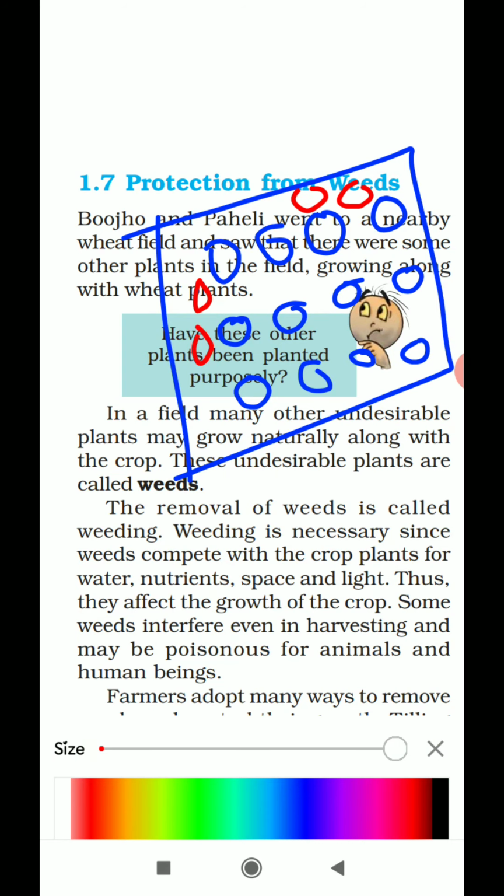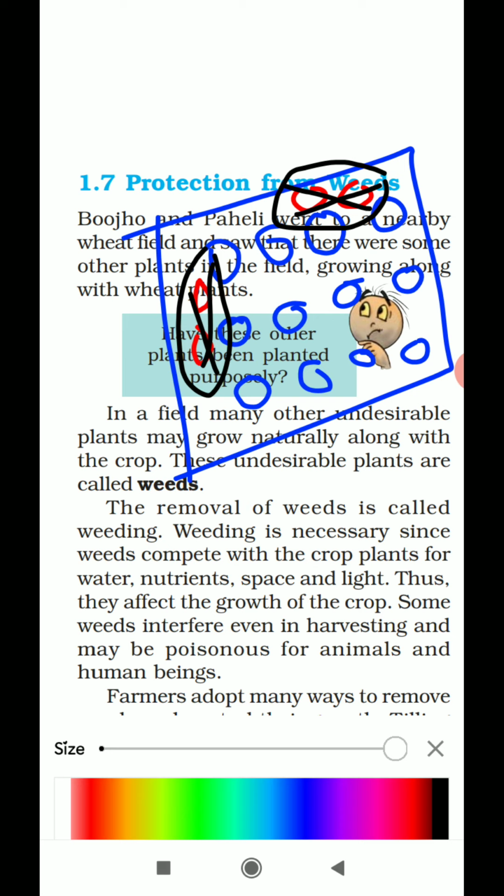There might be various reasons why he doesn't want wheat at all. The most important reason is that it acquires some unnecessary space. If that wheat is not growing there, in that space you would have grown some more groundnut plants, isn't it?